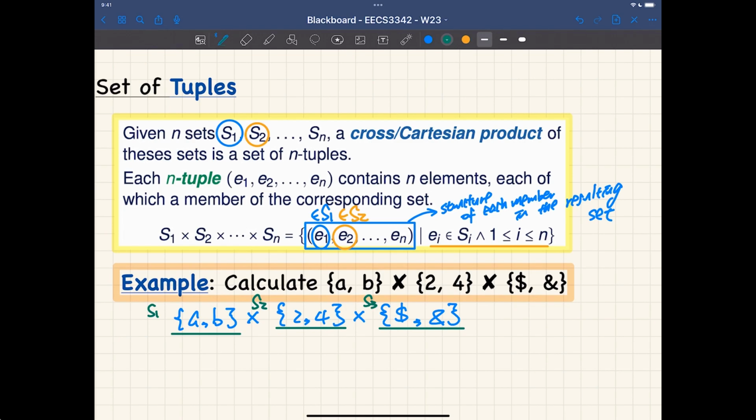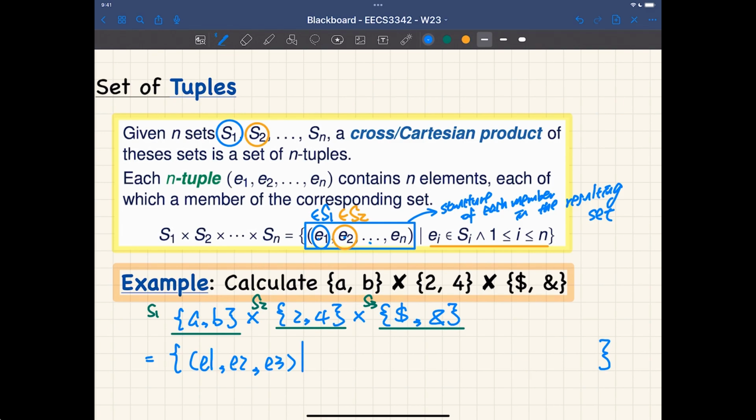Straightforward? Let's now apply the definition to make it clear. By definition, it's going to be E1, E2, E3, because we have 3 sets. It's a triple. So we're going to get E1, E2, E3. Now, guys, how do I complete the rest? Any suggestion?